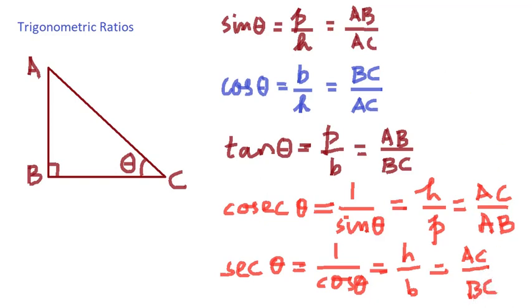Last but not the least, we have cot, which is the reciprocal of tan. So cot theta will be equal to 1 by tan theta.